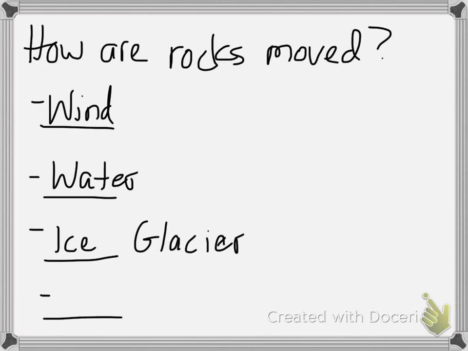And we're actually planning on doing a science experiment. But if we have time, we'll do it later. But what's really cool is if you have an ice cube tray, if you put some rocks down on the bottom of the ice cube tray and fill it with water and put it in the freezer for it to freeze, what you can do then is you can actually see the process of how rocks are moved.